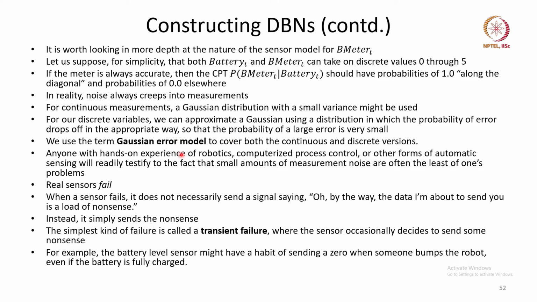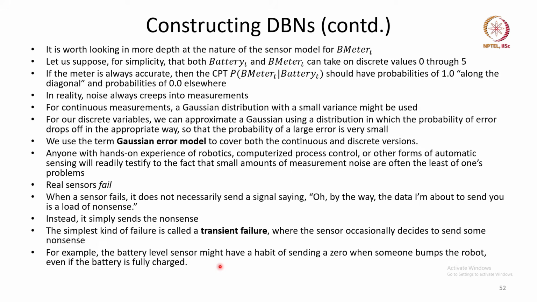Now what we need to see is what happens when the sensor actually fails, right. When the sensor fails, even if the battery is fully charged, you'll be getting that the battery charge is 0.